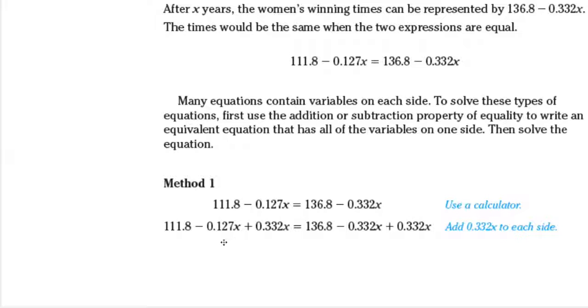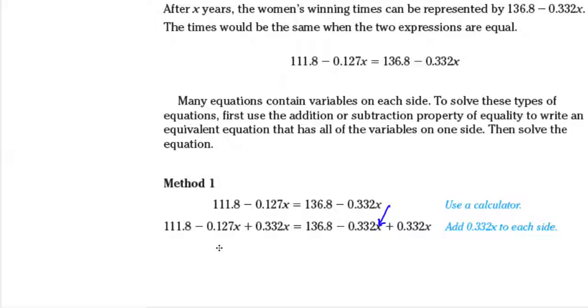We want to have all the variables on one side of the equation. That means we need to get rid of the variable on the other side. So in this case, we add 0.332x to both sides of the equation. Why? Because by adding 0.332x to both sides, we get rid of the x on the right side of the equation, because that will be equal to 0.